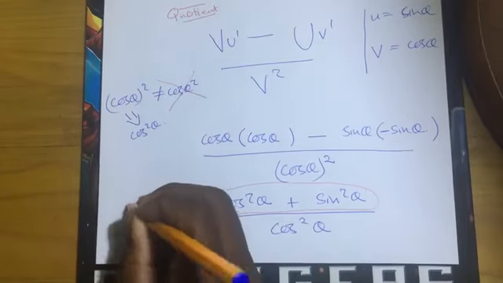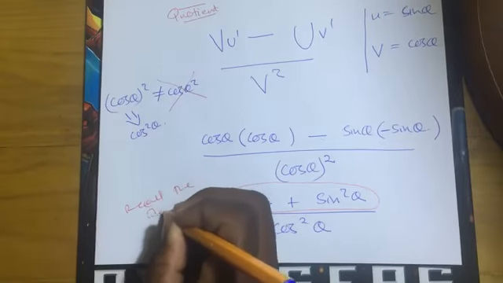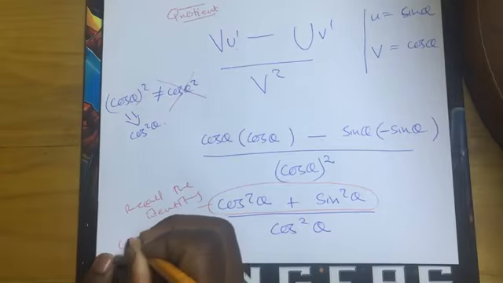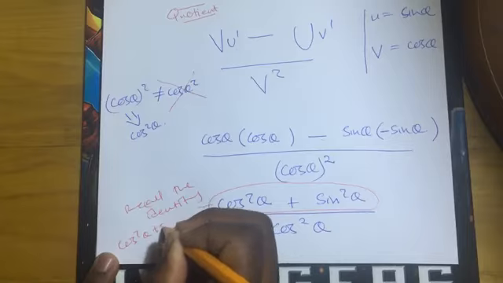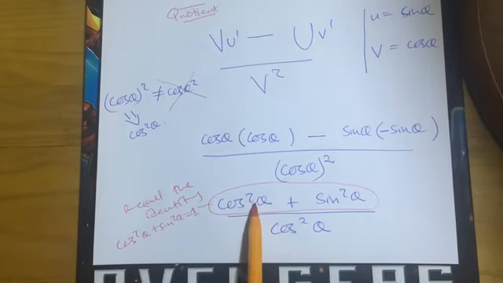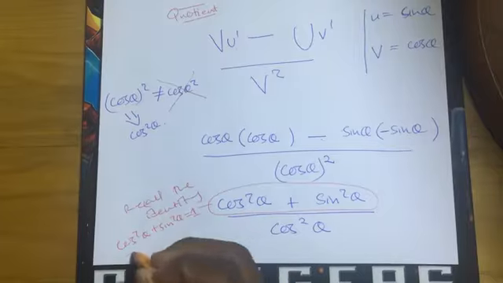Now, if you look at this, recall the identity. Cos squared theta plus sine squared theta is equal to 1. So remember, we couldn't substitute earlier because we had a minus in between. Now we have a plus sign, and this is actually part of an identity.